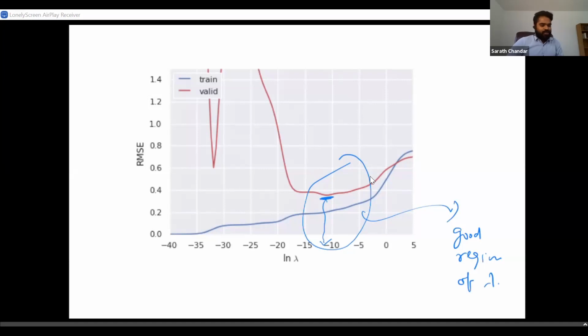Well, that's a good question. When you don't have enough data to split into three parts, we will talk about other things like k-fold cross validation and some other methods, but probably a bit later in the course.